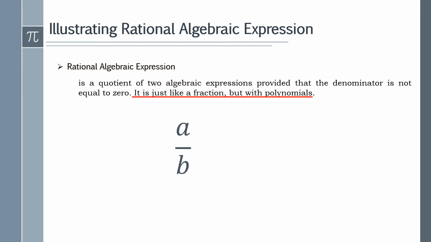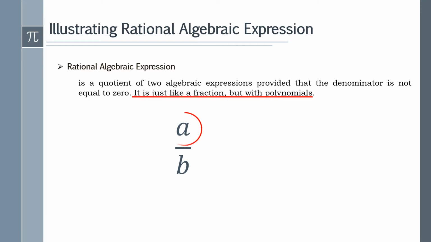So, let's first look at what a fraction is, since we mentioned the denominator. When we say fraction, it is written in this form. Okay? There is an expression on top and an expression at the bottom, and they are separated by a horizontal bar.